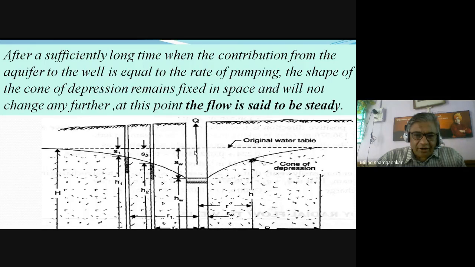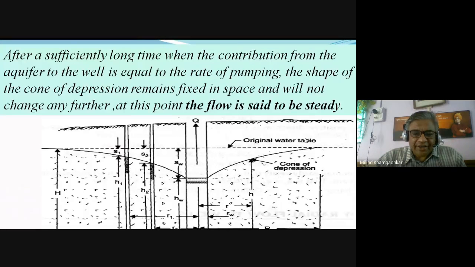Okay. Initially the cone of depression has got a smaller radius of influence, but as the water level deepens down, goes down and down into the well, the cone of depression will go on enlarging, will go on becoming large and large.